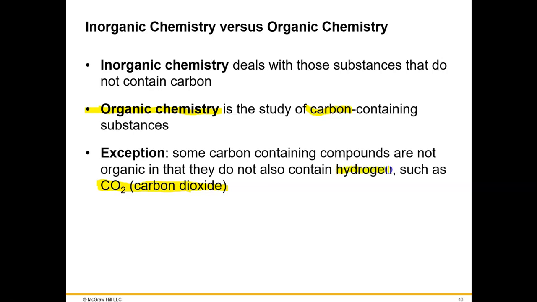So organic is going to have carbon and hydrogen together. That's the easiest way to remember organic chemicals. They're going to have carbon and hydrogen both. Whereas if you just have carbon with no hydrogen, like you do with carbon dioxide, that's going to be an inorganic chemical.